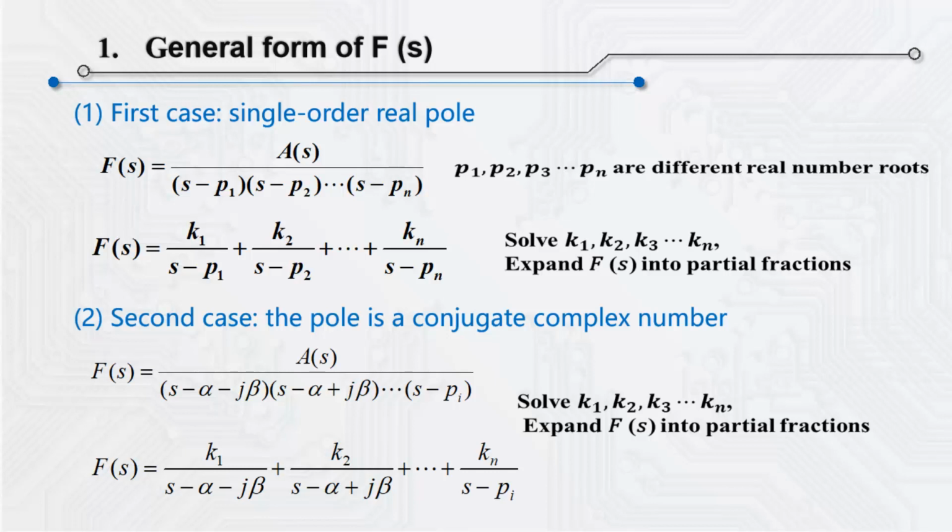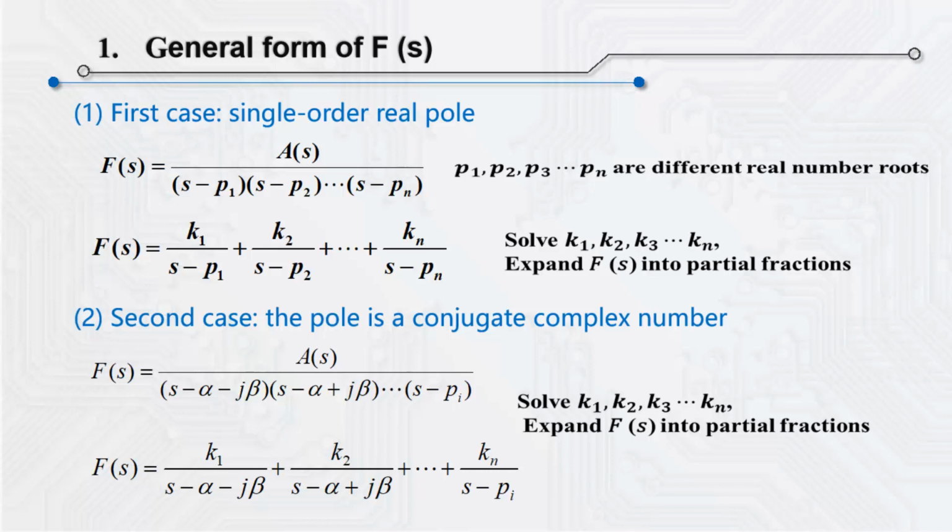That is, for different real values of p, it will be split to get F(s) equals k1 divided by (s minus p1) plus k2 divided by (s minus p2) until km divided by (s minus pm). If you can solve k1, k2, k3, km, you can get a partial fraction expansion form of F(s).